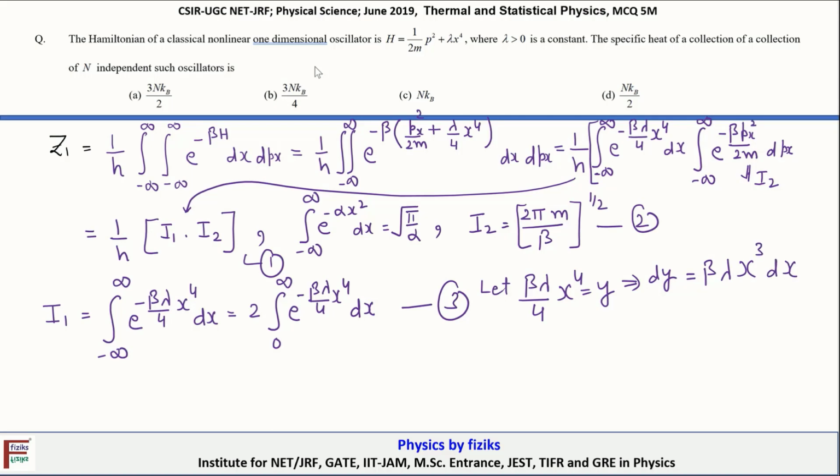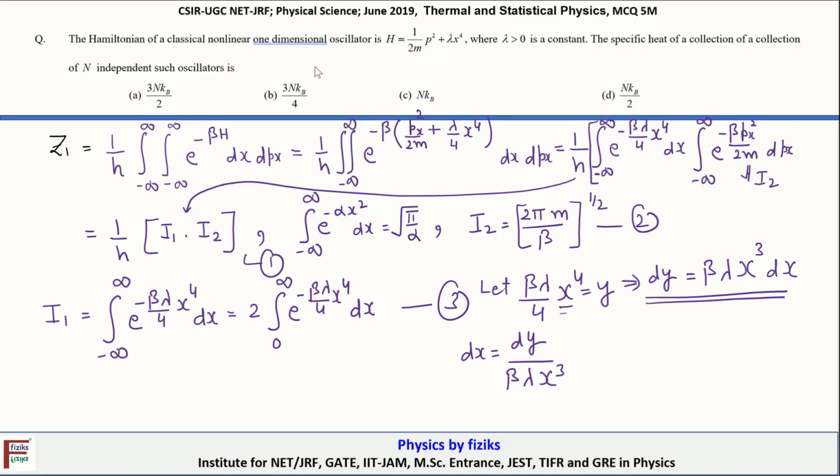So from here we can write dx in terms of other parameters. We simply rearrange the terms, so dx is equal to dy upon beta lambda x cube.